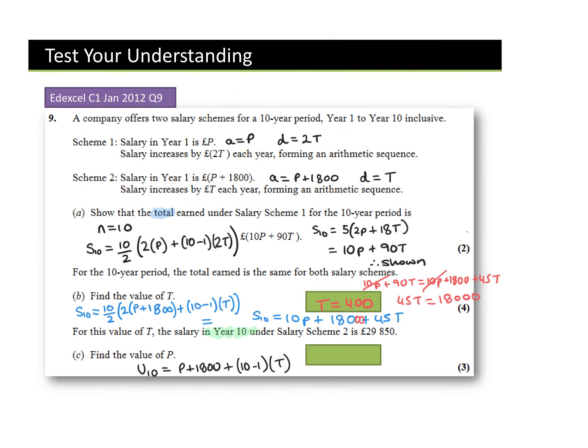So we know that U10 is 29,850. This equals P plus 1,800 plus 9 lots of t, and we've just worked out that t is 400. When I multiply, simplify, and rearrange, my P equals 24,450, and my units is pound. So that's the final answer in pounds, 24,450.